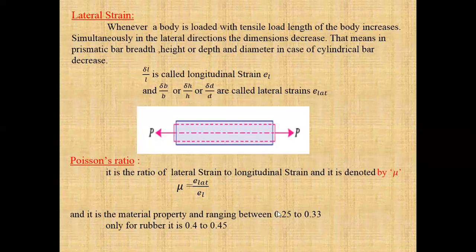So the Poisson's ratio will lie between 0.25 to 0.33 for all the materials. Normally, it will be in this range. It is always less than 1.